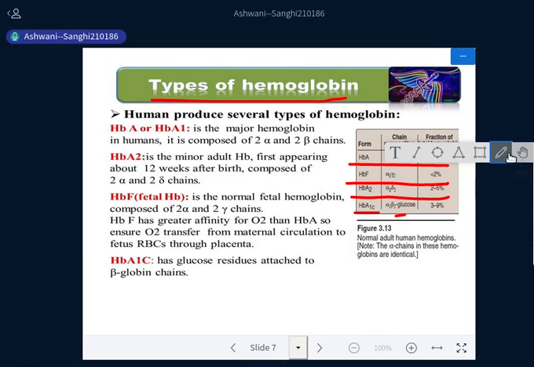HbA1 is the major hemoglobin, while the minor hemoglobin is HbA2 at 2 to 5%. HbF is the fetal hemoglobin.